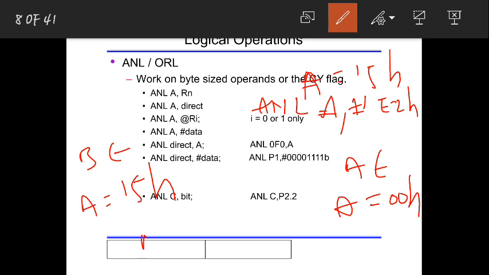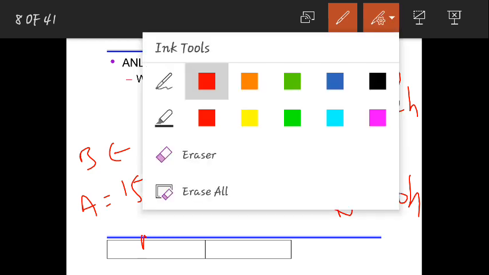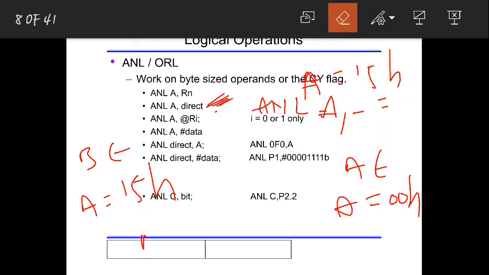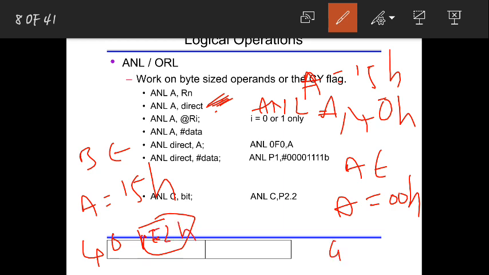Now, same way, see here, if I take this A comma direct, so this E2 is there. I'll write some instruction, 40H. Okay, I'm writing a direct address, and I'm considering before execution this 40 will be equal to E2H. After execution also 40 will still have E2H.